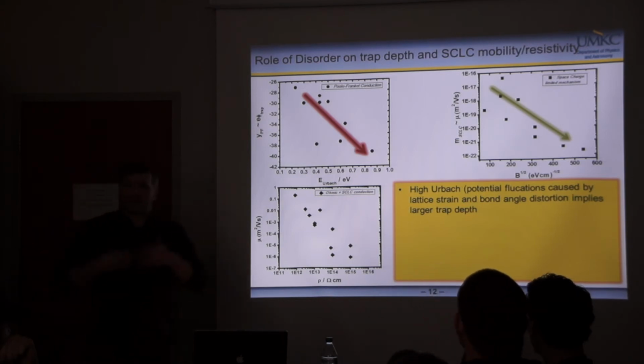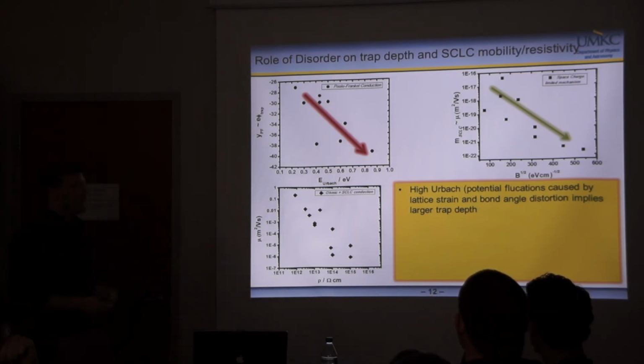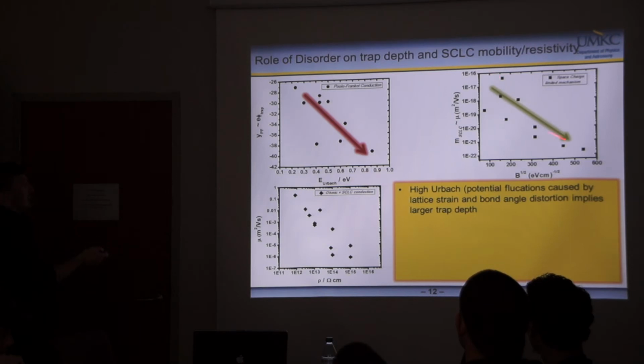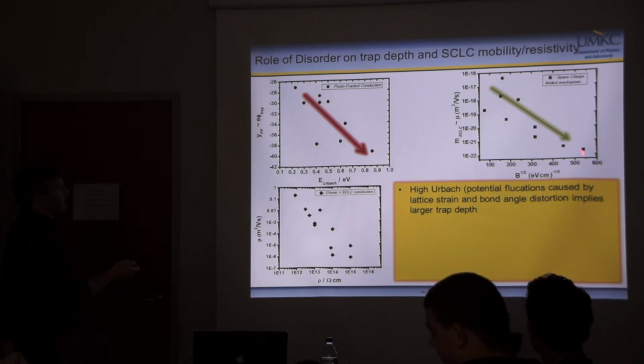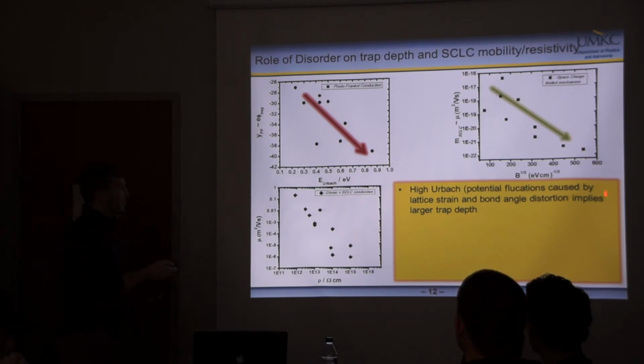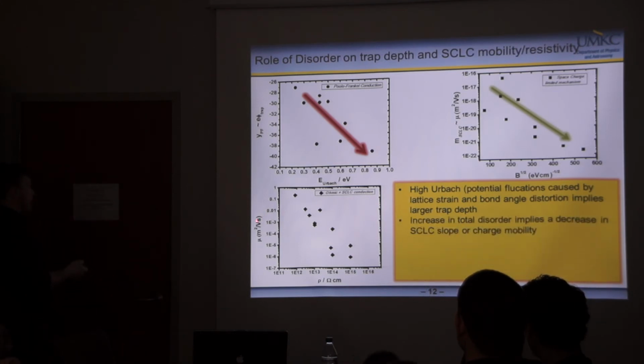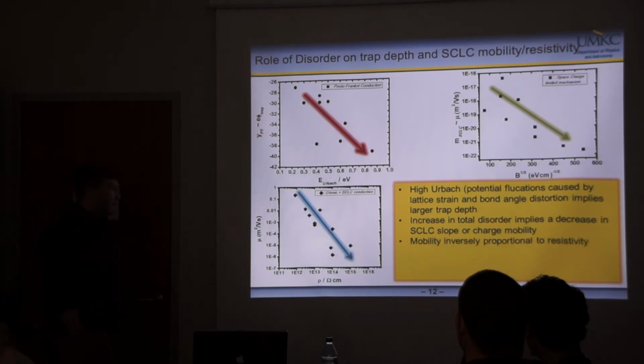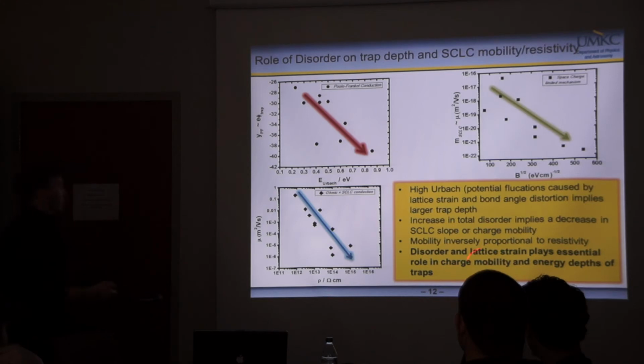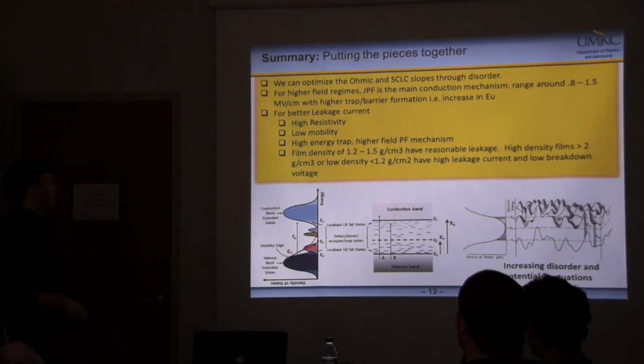So most likely this is leading to more scattering as we're pushing these charges through the film, and in fact we see that the mobility, or the slope itself, is decreasing as we increase the total disorder. And then the relation between mobility and resistivity on measured films is an inverse relation, which is what we expect. And so we conclude that disorder and lattice strain play an essential role.